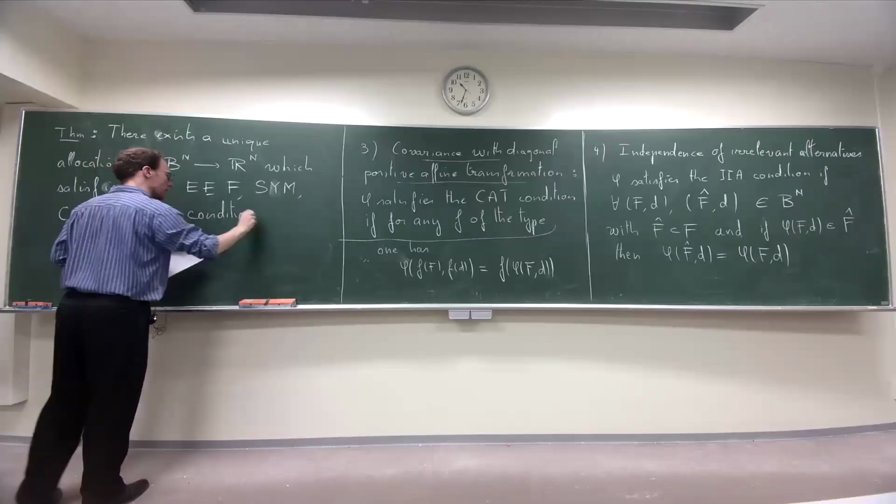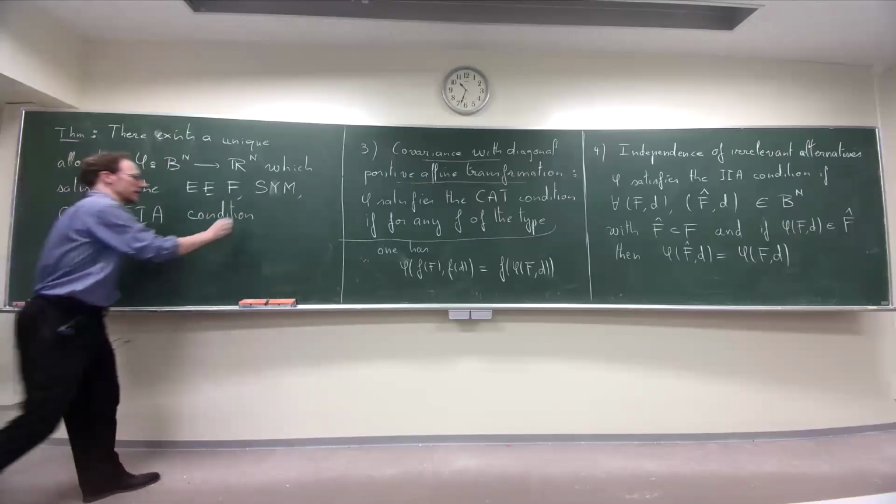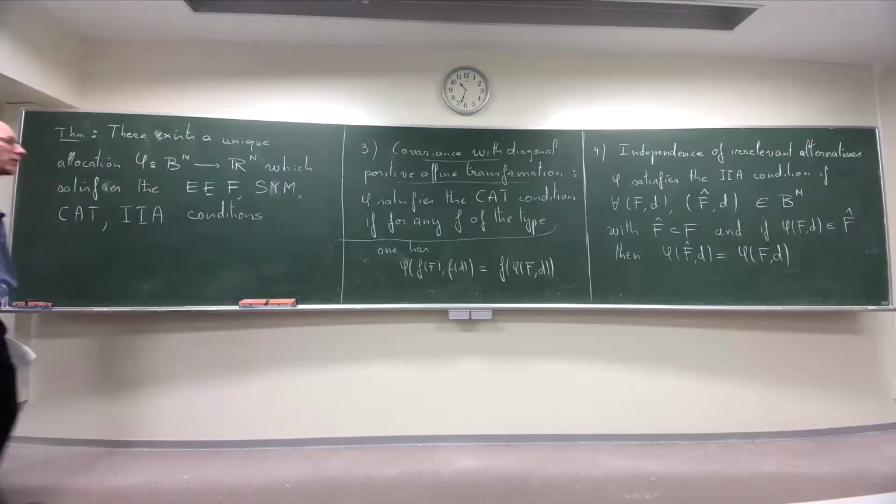So the statement, but again, I will be more precise, is that if you impose to phi to satisfy these four conditions, and if you're happy with these four conditions, then phi is unique. All right? Which is good. We like when there is uniqueness. And as I said, people also change this fourth condition, but it's less general.